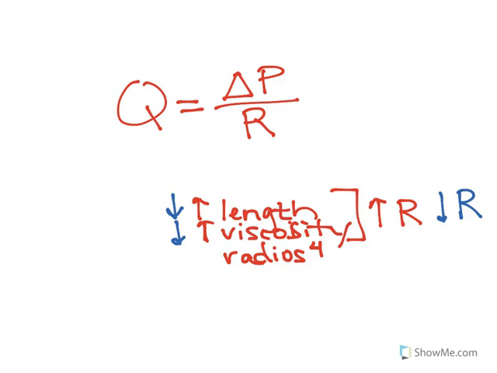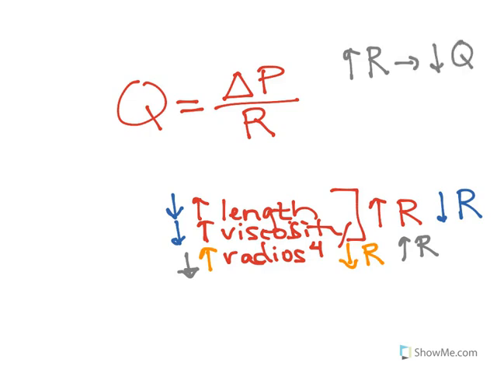If I increase radius, that decreases resistance. If I decrease radius, that increases resistance. And therefore, if I increase resistance, I decrease flow. If I decrease resistance, I increase flow.